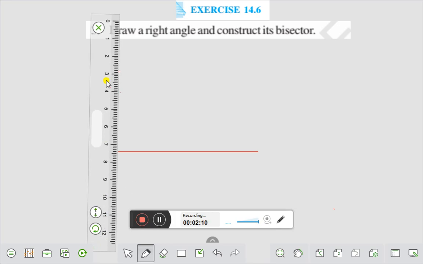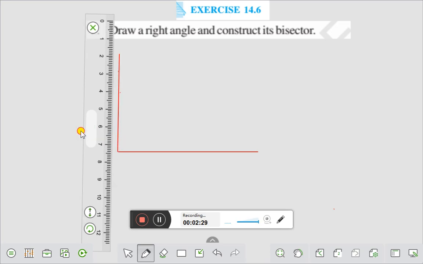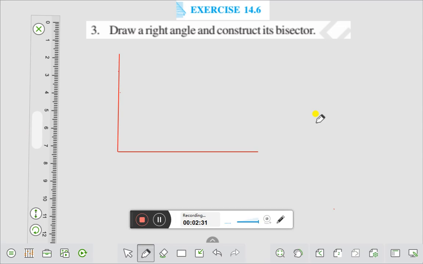Yes, this is 90-degree. Now we draw a line here. We got a 90-degree angle.